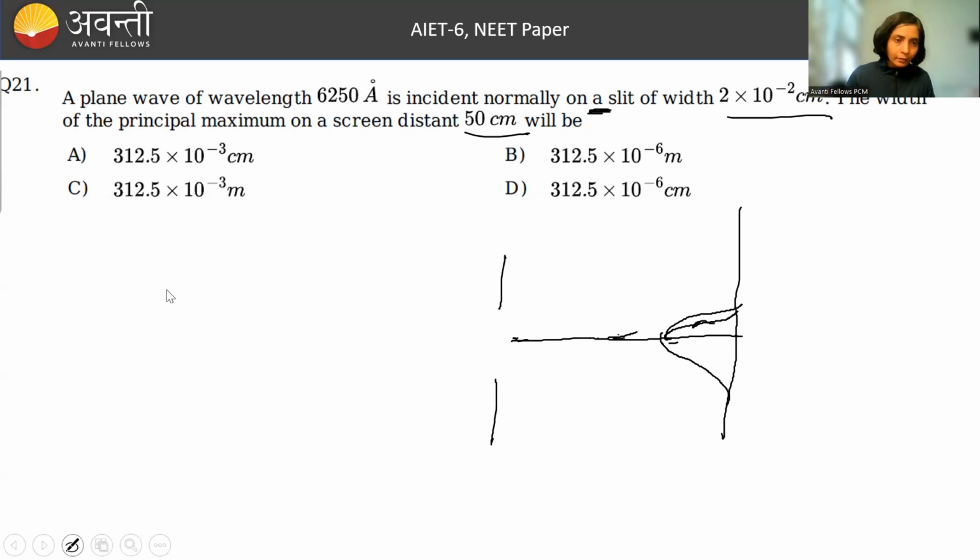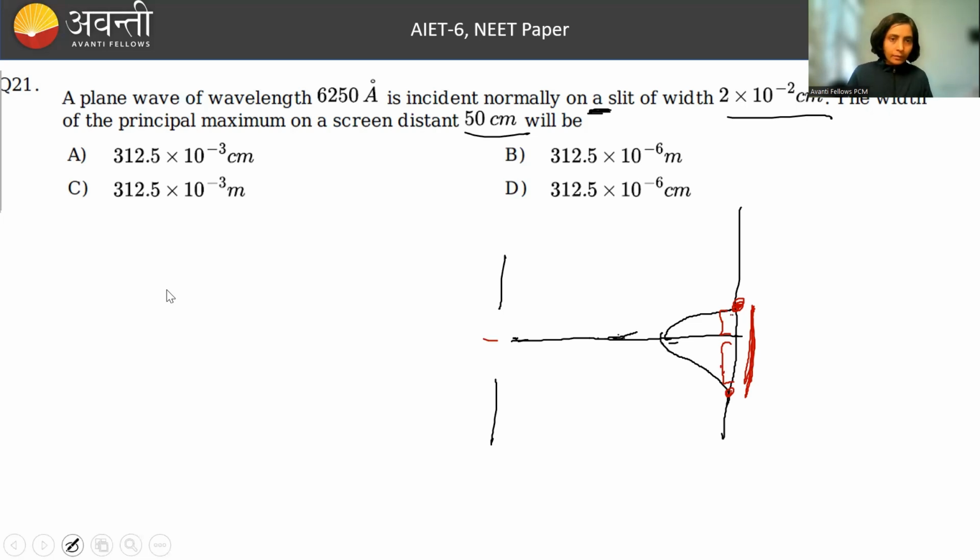Here you can see there is light in this region and here we are encountering the first minima. We have to say what is the width of central maxima. Which width they are talking about? This much. This width and this width will be equal. In the diagram it's not looking like that, but that is why I'm informing you. These are equal. So around the central line, it will be symmetrical.